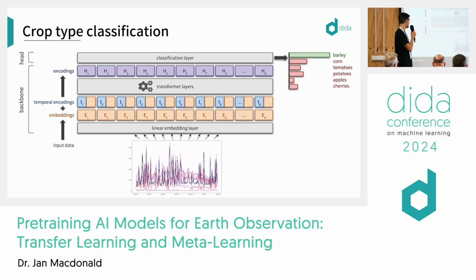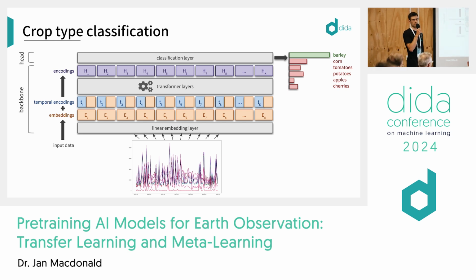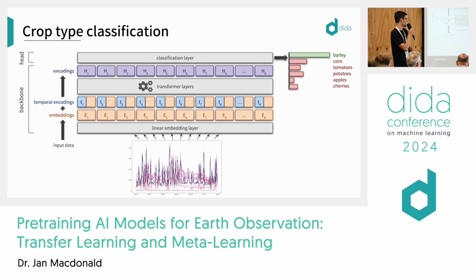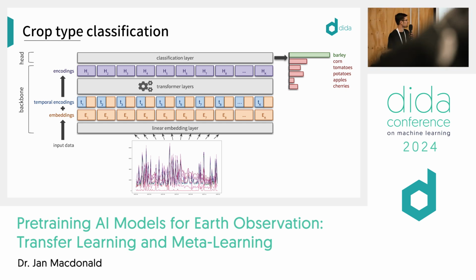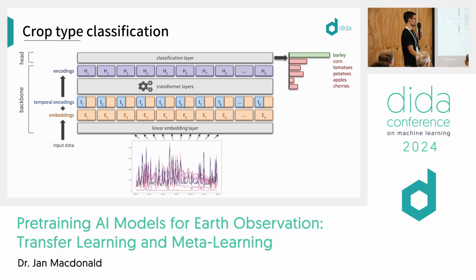They are also embedded and combined with some temporal encoding that keeps track of which time step each of these embeddings belongs to. And then in these different transformer layers, I'm not going to go too much into the technical detail, but there are alternating blocks that model interactions between the channels or the spectral bands and across the time steps, and keep repeating this a few times.